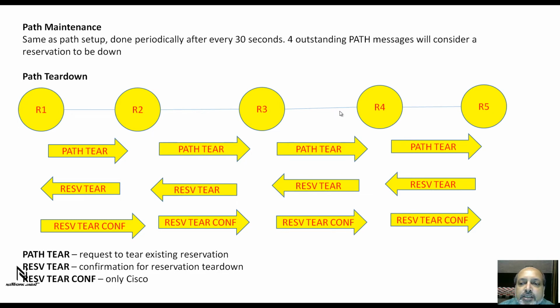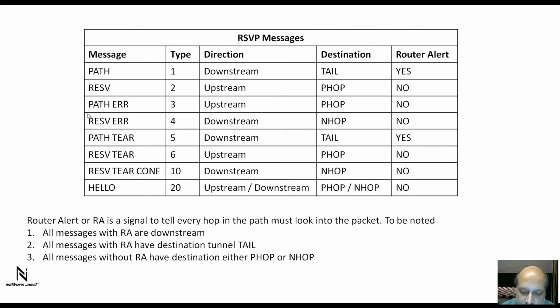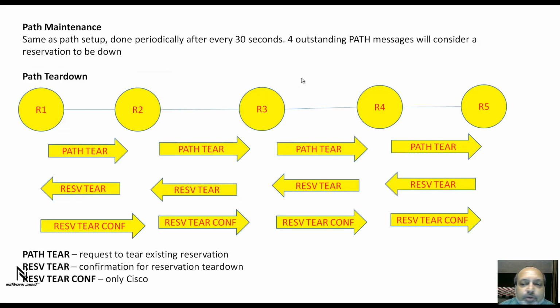From head end to tail end is downstream, and from tail end to head end is upstream, right? In my diagram, if you consider it from left to right, it is a downstream process, and from right to left is an upstream process. Forget about left and right, just remember that from head to tail is downstream, from tail to head is upstream.